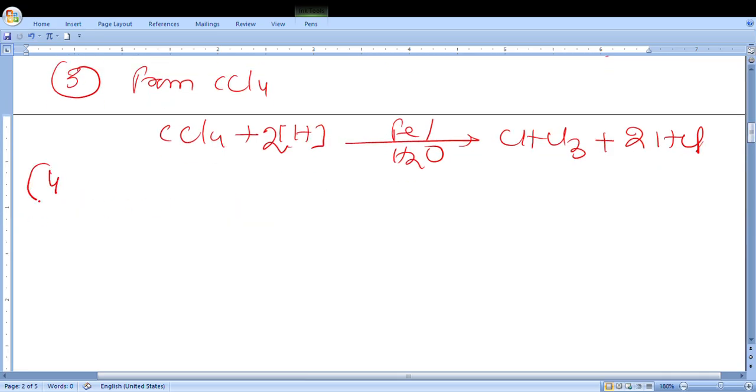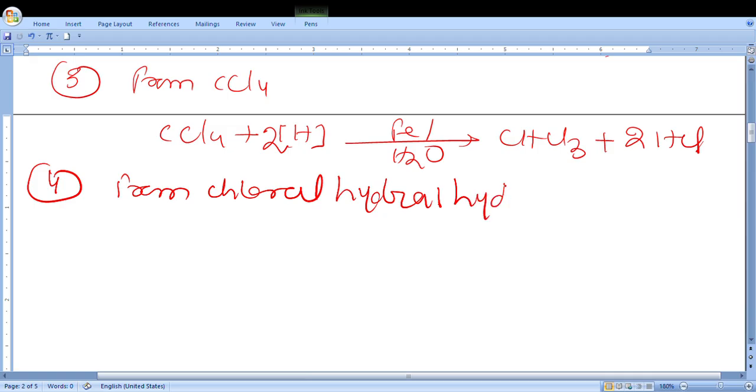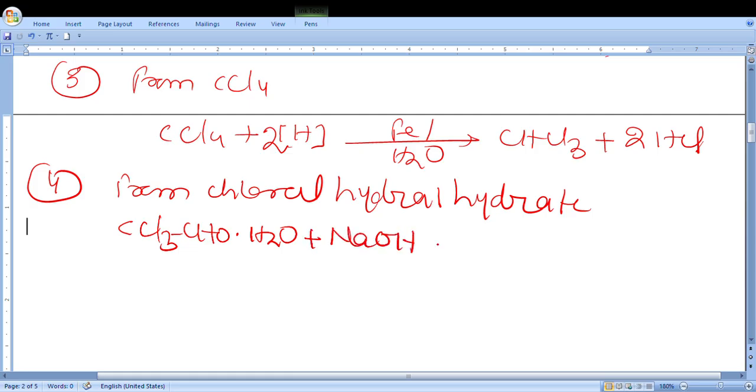Fourth reaction will be from chloral hydrate. So chloral hydrate is CCl3CHO dot H2O. It is treated with NaOH to form one molecule of CHCl3.